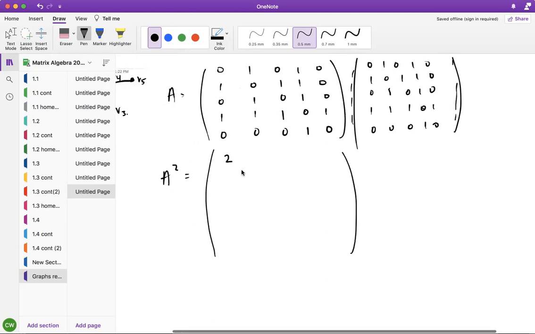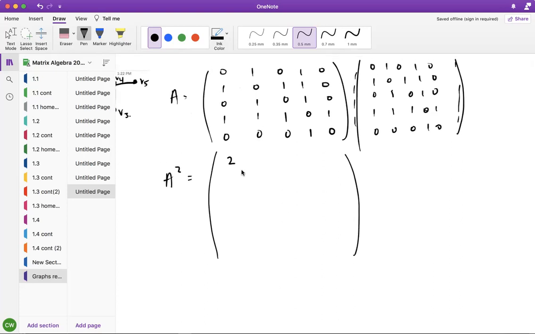One little trick you can see is that since the columns are equal to the rows, the diagonal entries will be equal to the valence. Right?